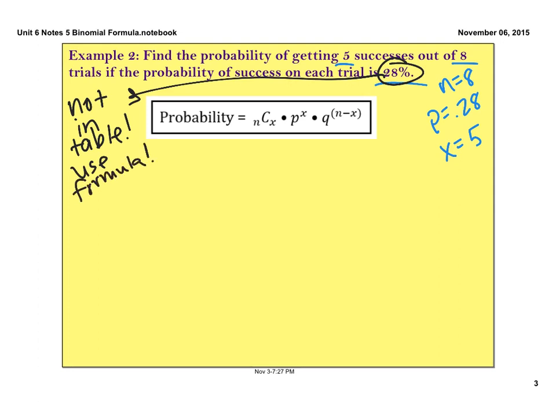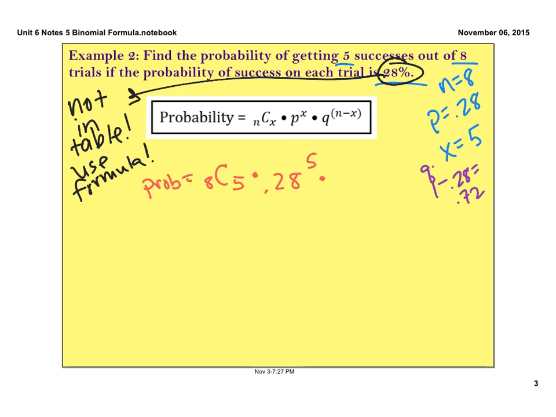All right, so let's plug all our pieces in. My probability looks like this. I'm going to have 8C5, 8 options, 5 successes, times the probability of one success raised to the number of successes, also times the probability of one failure, which I should have done off to the side here. 1 minus 0.28 is equal to 0.72.